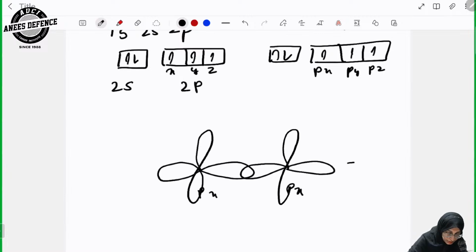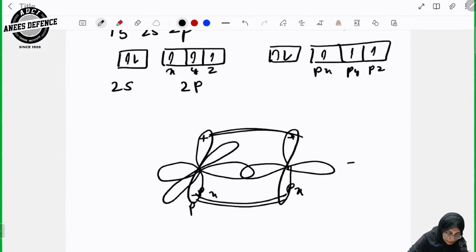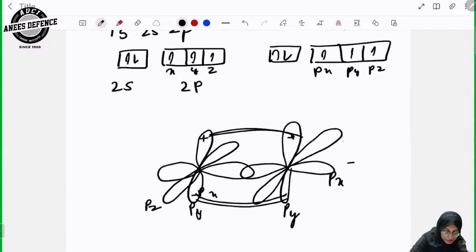This is py and py, a sidewise overlapping. And this one is pz and pz. This pz and pz will overlap.